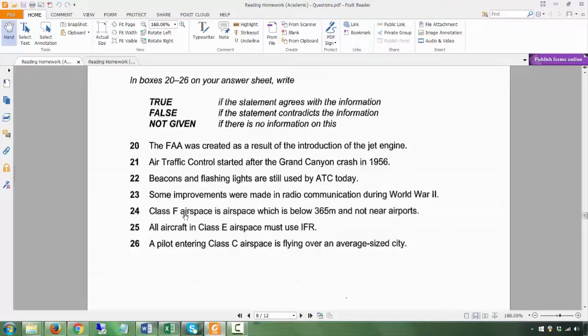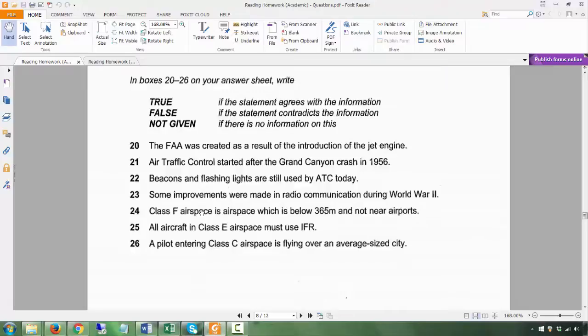Now, Class F airspace is airspace which is below 365 meters and not near airports. This is a question that some students get very confused about, okay? Now, you actually have to go to a few parts to understand this. Class F airspace, and I'll give you the answer first.